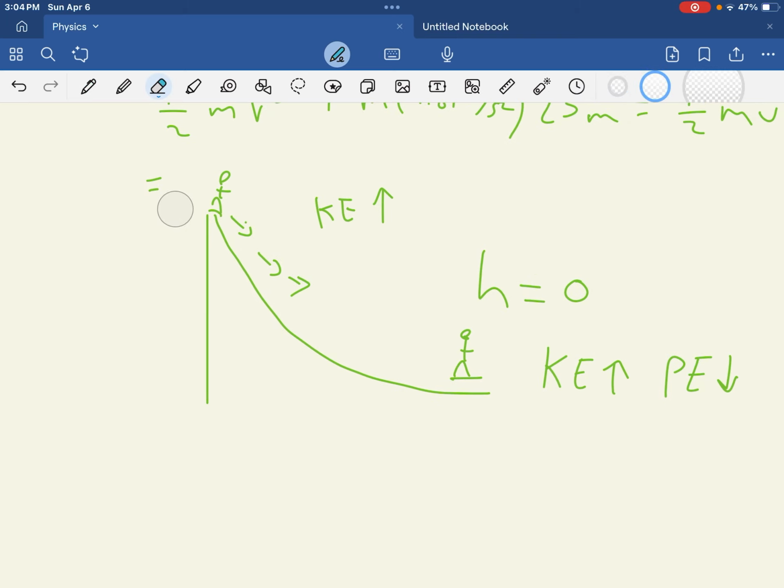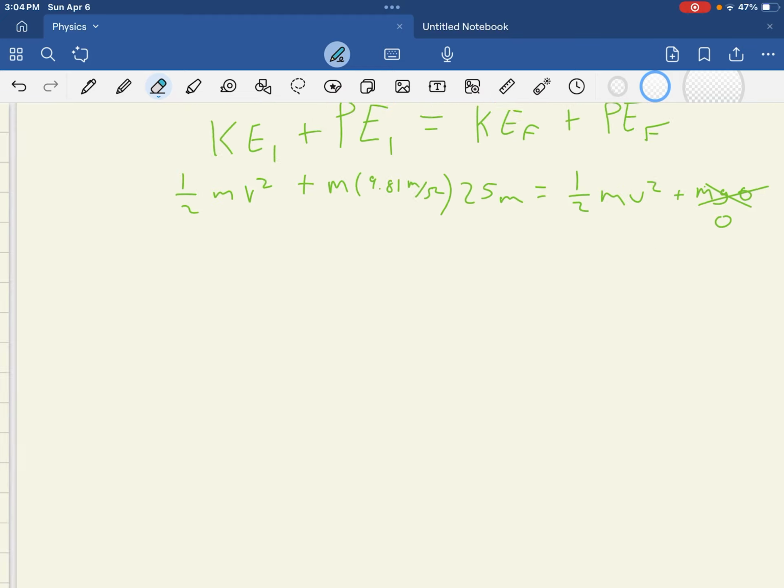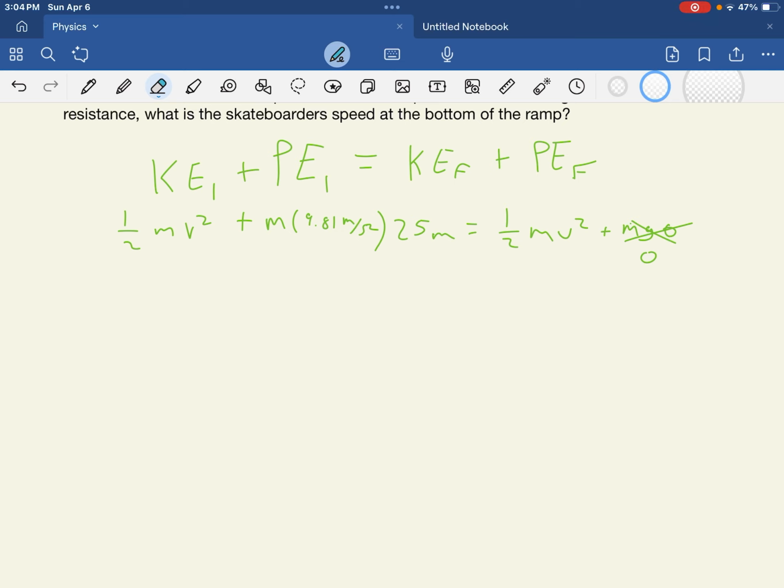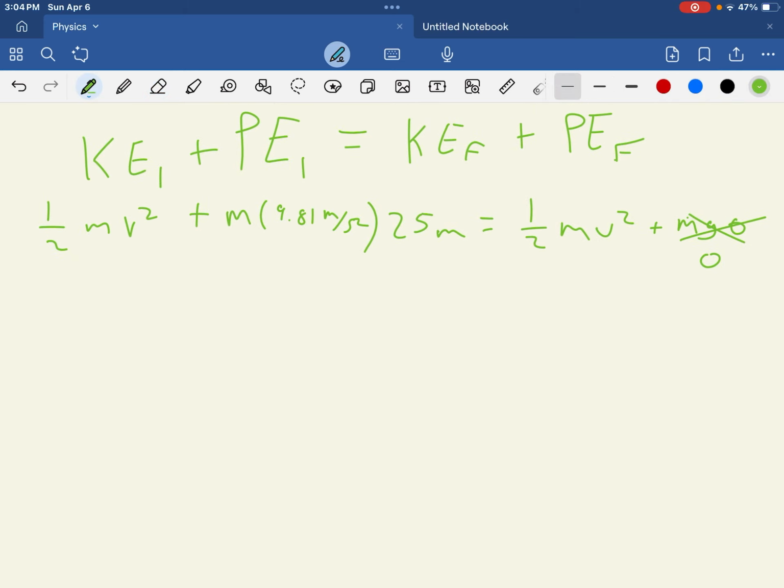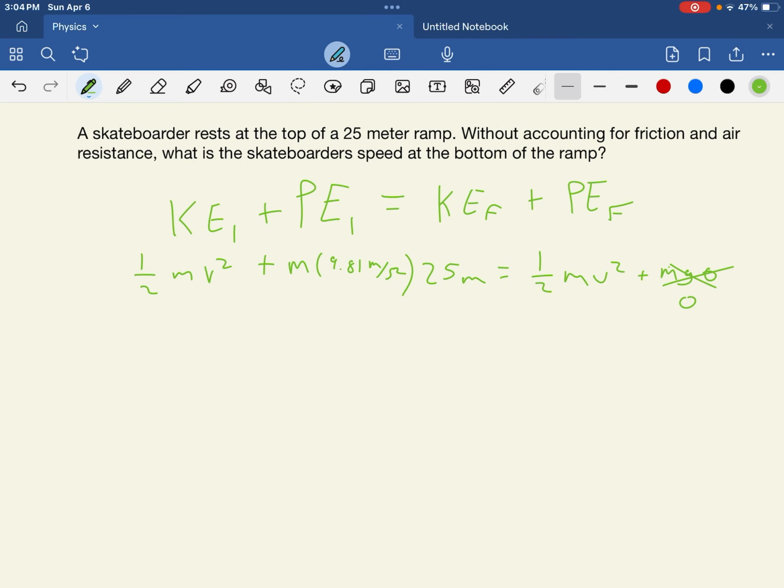So right here we see this is why we can do this type of problem with only given the height.